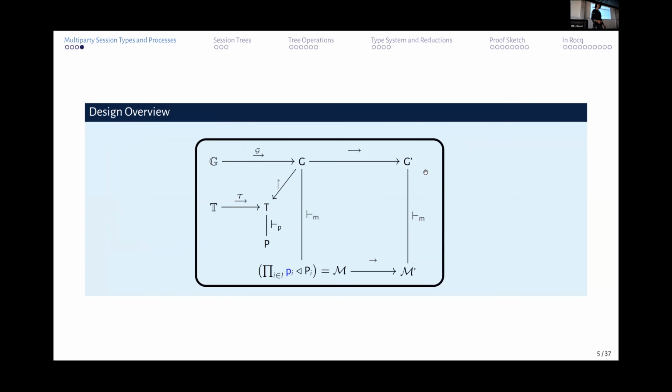So this is the whole view of the diagram. The first step is that we have a syntax of global and local types. This is translated to the session type graph, for both global and local types. A process is typed against a local type, and a collection of processes is typed by a global type.